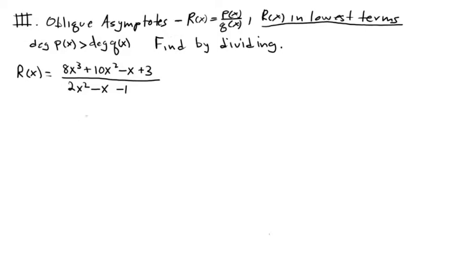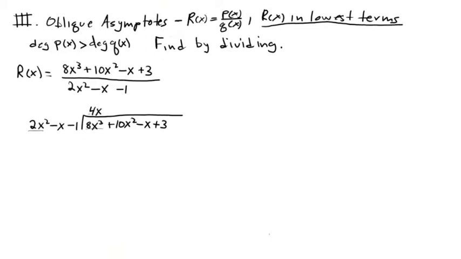So I have to divide 2x squared minus x minus 1 into 8x to the third plus 10x squared minus x plus 3. To do the long division I take 8x to the third and divide it by 2x squared. I get 4x.